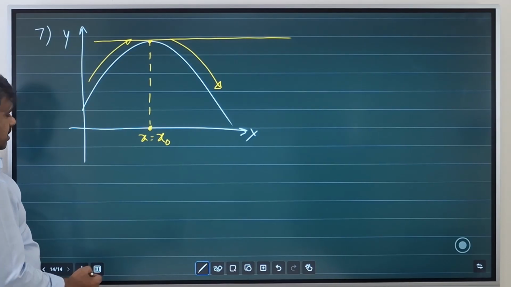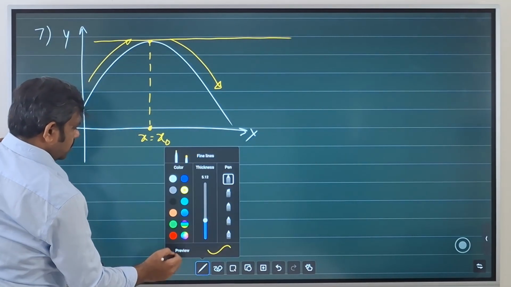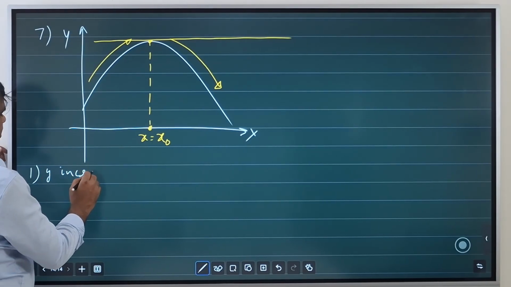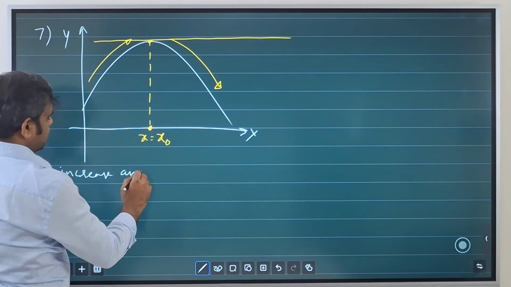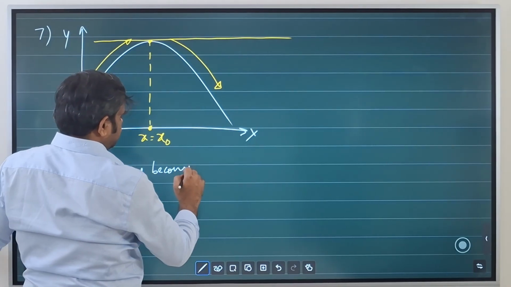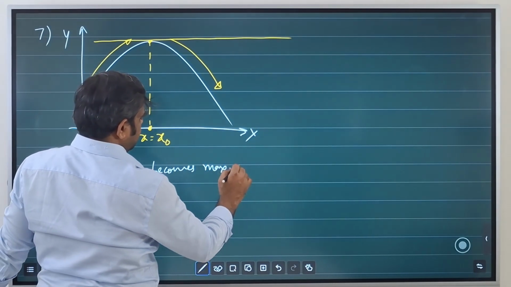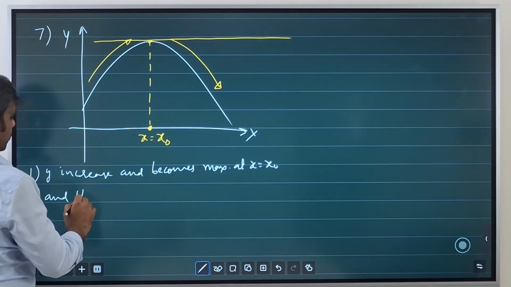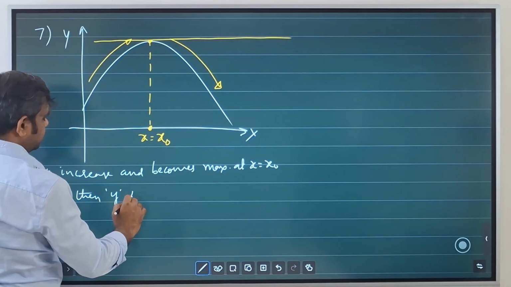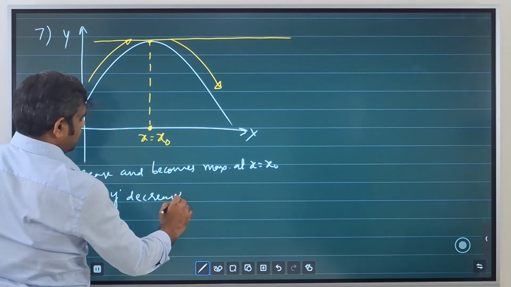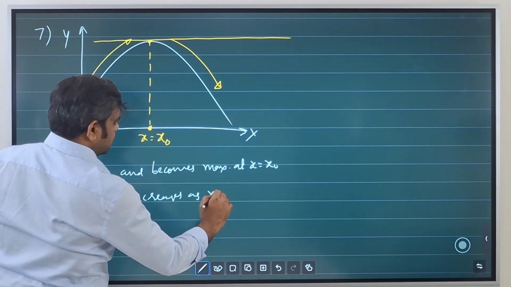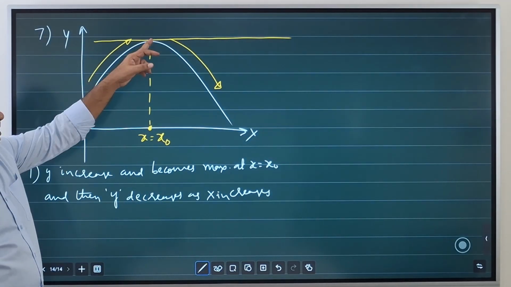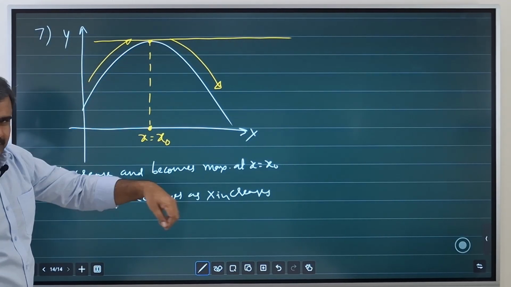So here you can see that y increases and becomes maximum at x equal to x naught, and then y decreases as x keeps increasing. y increases first, becomes maximum and then decreases.